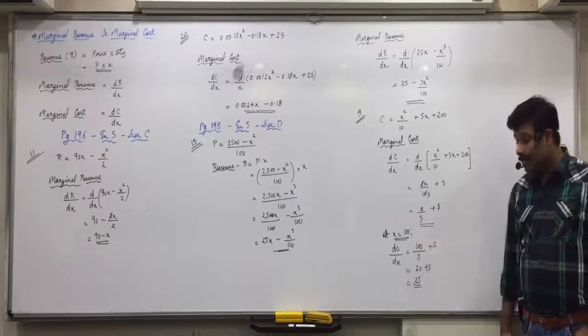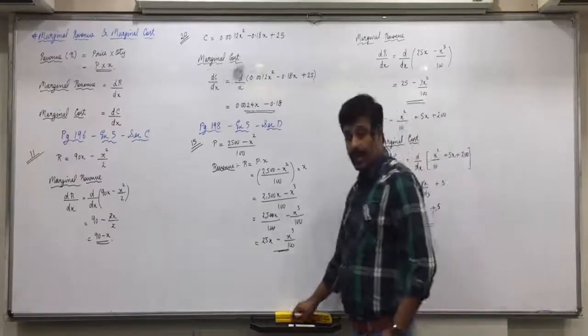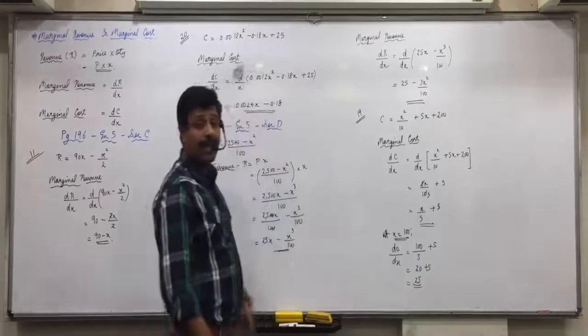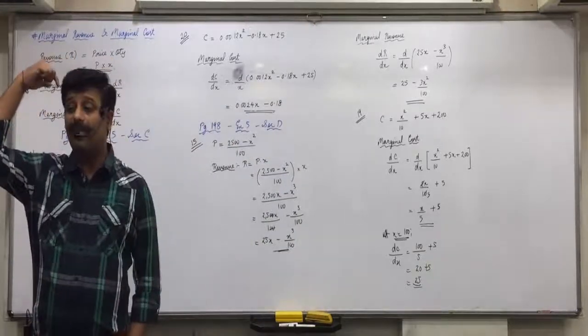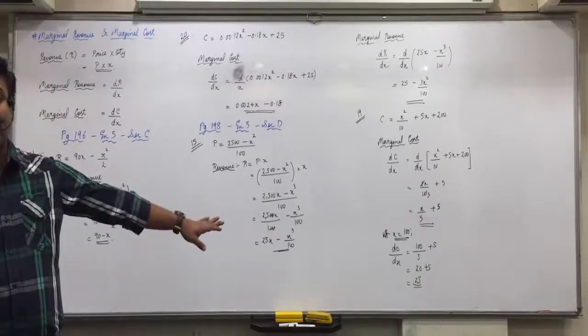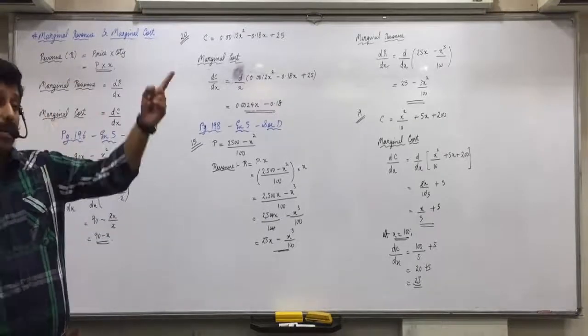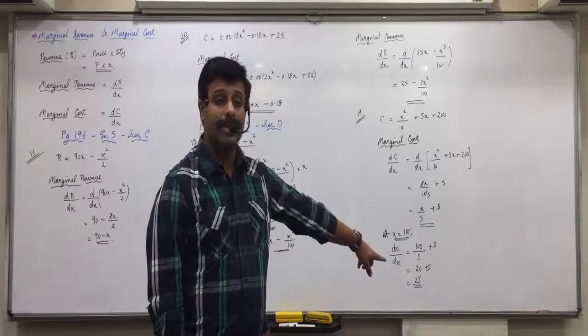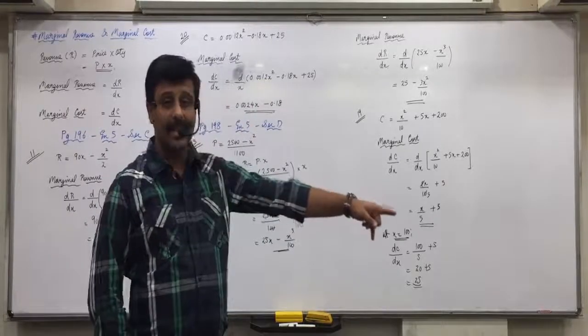What does it mean? At 100 units, marginal cost is 25 means 101st unit will be produced at a cost of 25. After 100 units, one more unit will cost you 25. That is marginal cost. Did everyone understand this? So it is as interpreted.